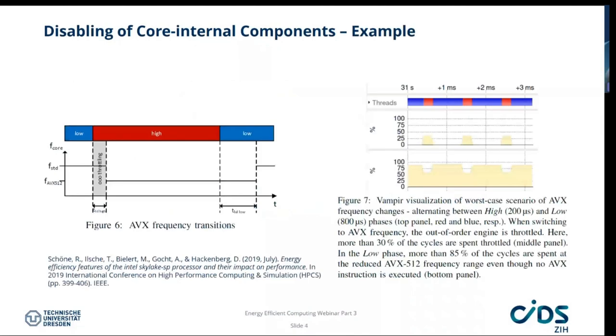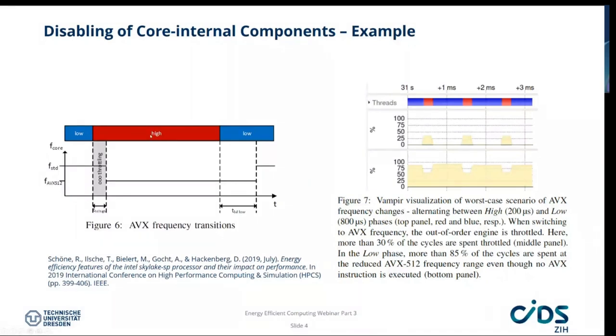Here is a nice picture of that. Let's assume we have two different workloads. For example, your glue code that handles the communication between the processes and threads, and then the workload where you actually process your numbers, using AVX 512 instructions or tensor instructions. That is marked red here; that is the high workload.